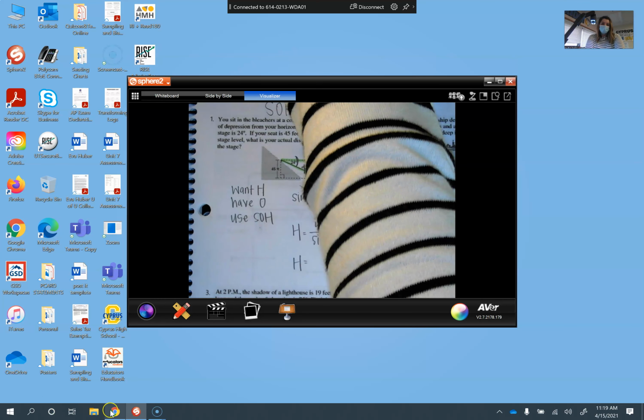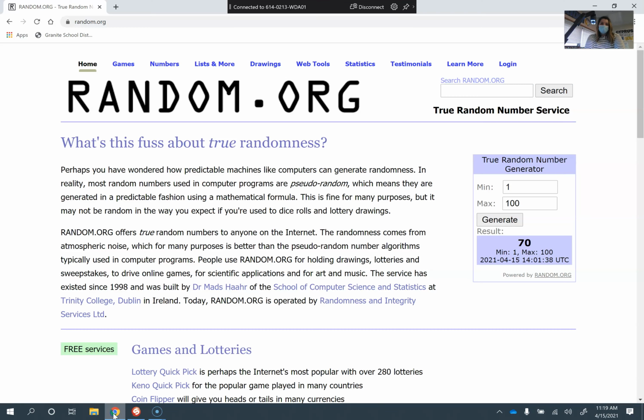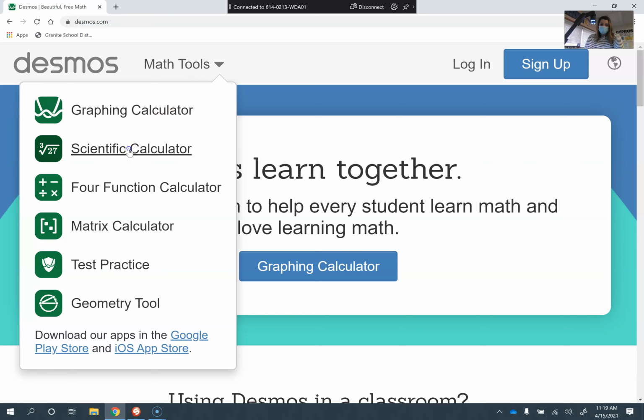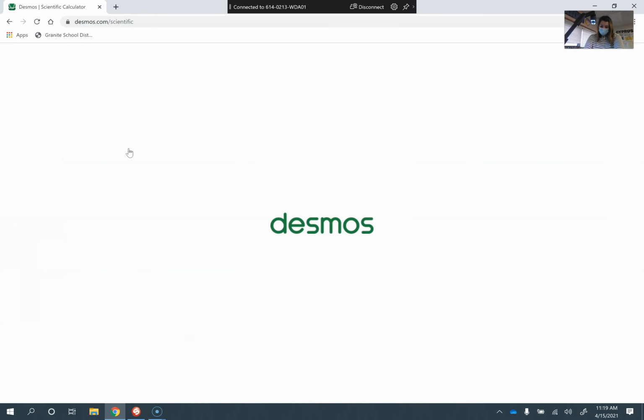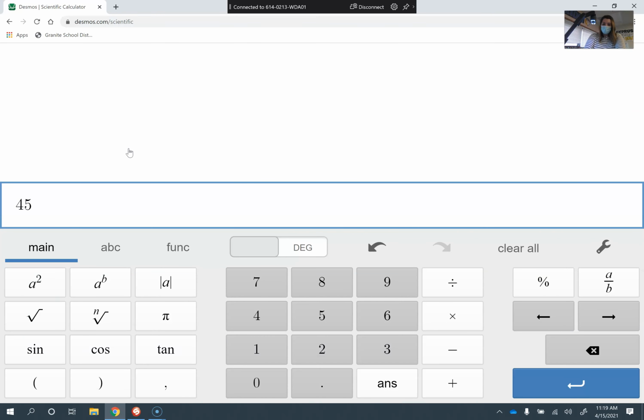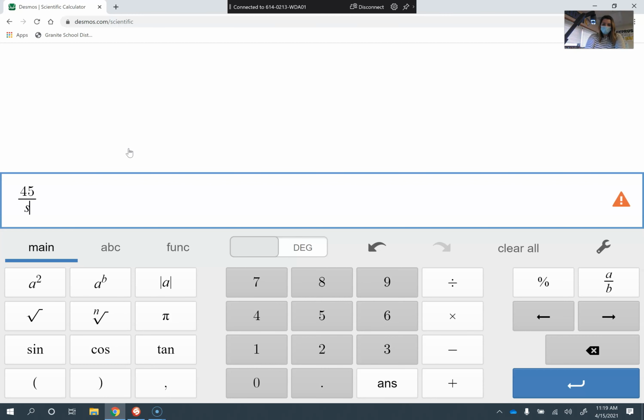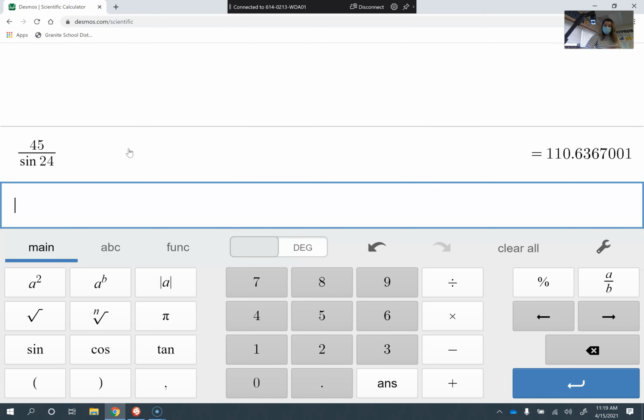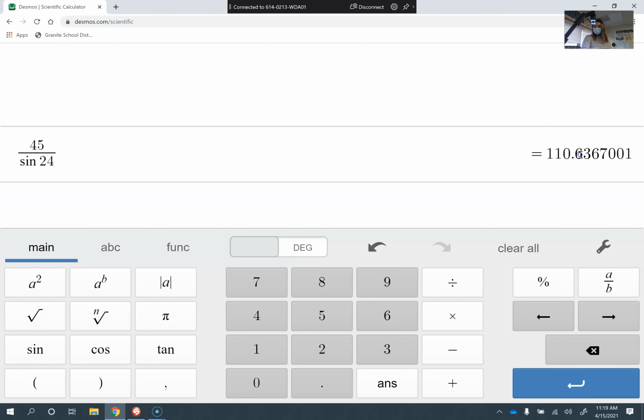So I can hopefully escape out of this, hop over to Desmos really quick, choose the calculator, and say 45 backslash sine, not sun, 24. And then let's round to the nearest whole. This 6, right after the decimal, says I need to go up by 1.